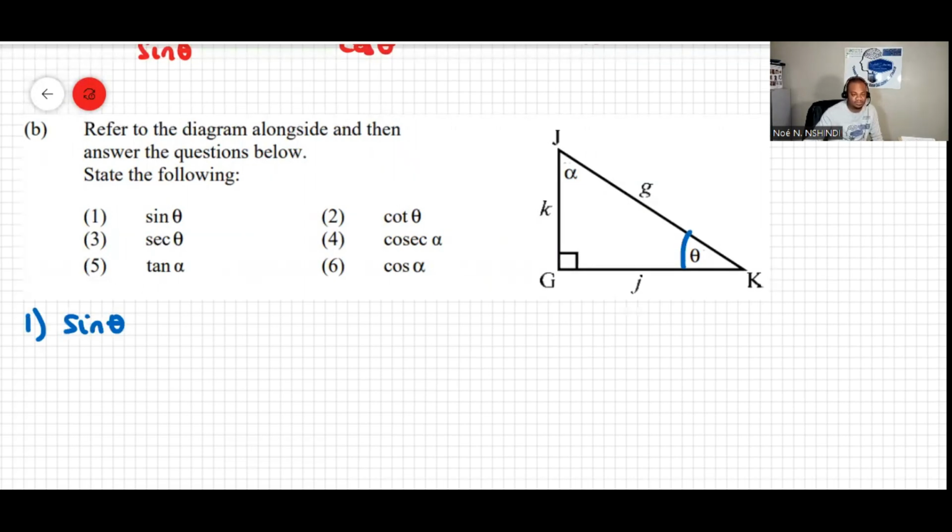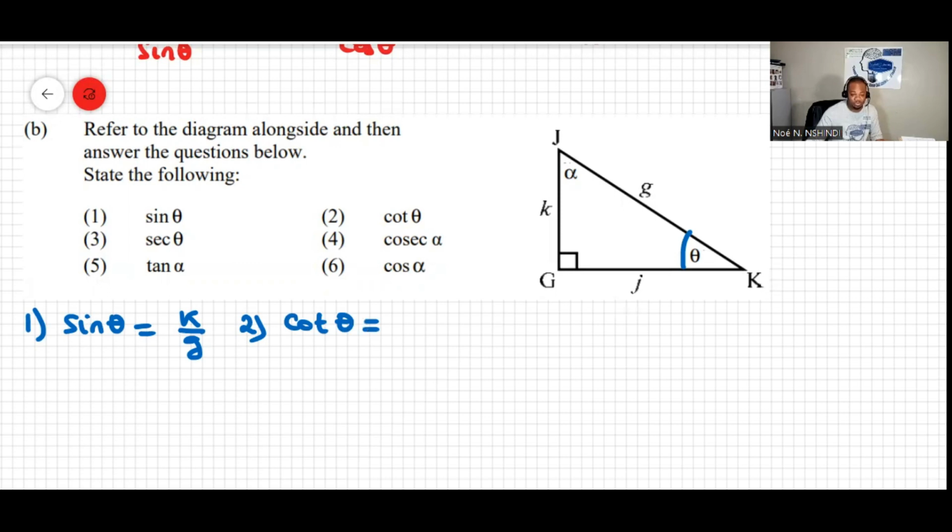Sine is, you remember the SOHCAHTOA? The S is opposite over hypotenuse. So opposite theta is that, and then hypotenuse is the longer side. That's hypotenuse, so it's going to be K over G. Sorry, K over G. And then question 2, we have cot of theta.